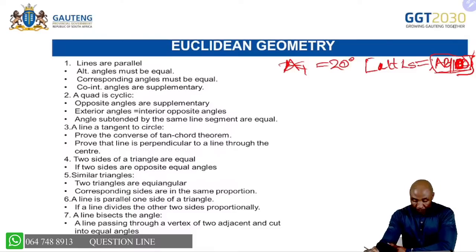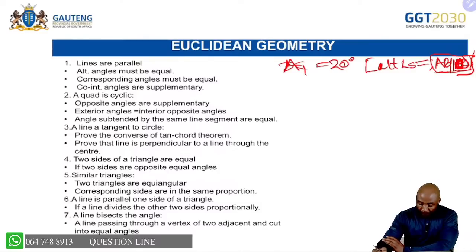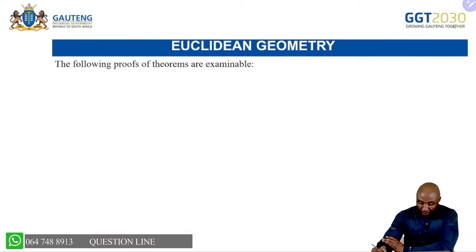That's how the midpoint theorem works. Now, we know that a line passing through the midpoint bisects, and we should know the notation of representing our bisection and our right angles.